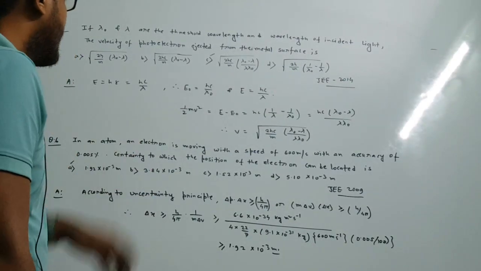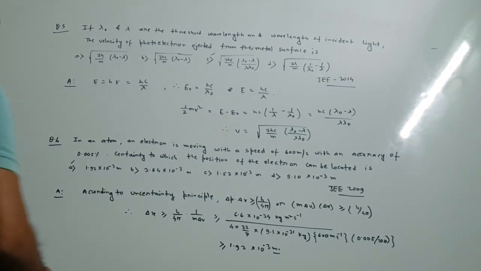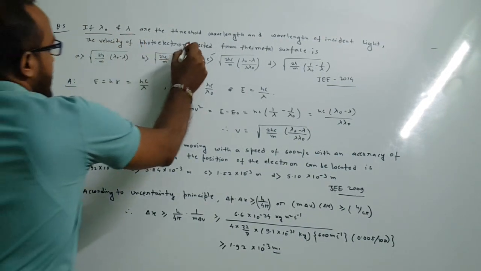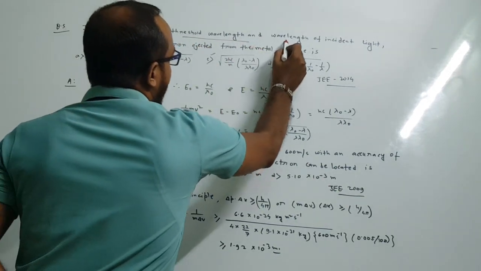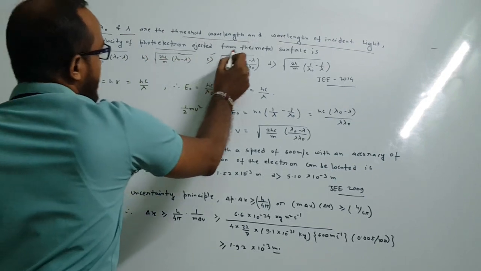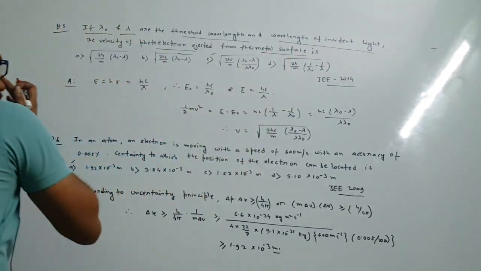Let us solve another problem. The question given is, if lambda naught and lambda are the threshold wavelength and wavelength of incident light, the velocity of the photoelectron ejected from the metal surface.